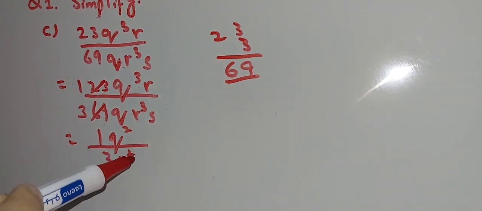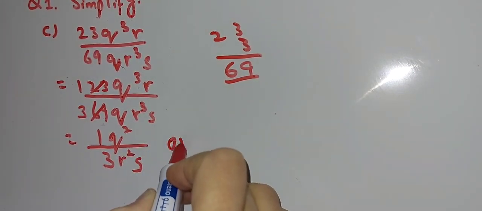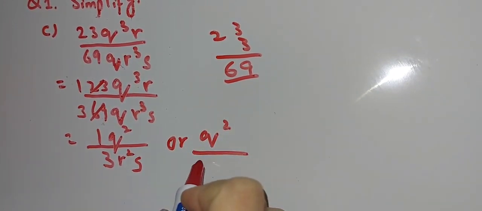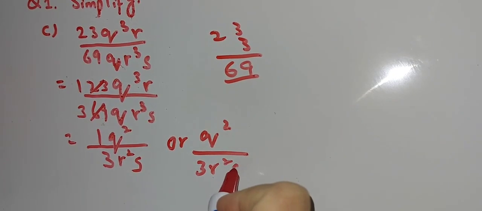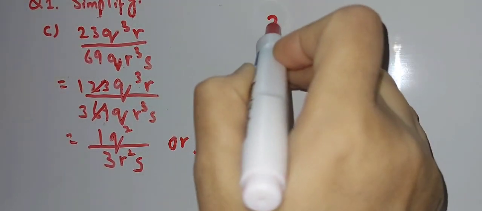Now s will come as it is because there is nothing to compare with s. So our final answer will become q square upon 3 r square s. This is the answer.